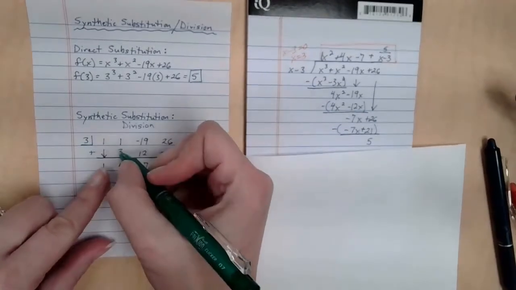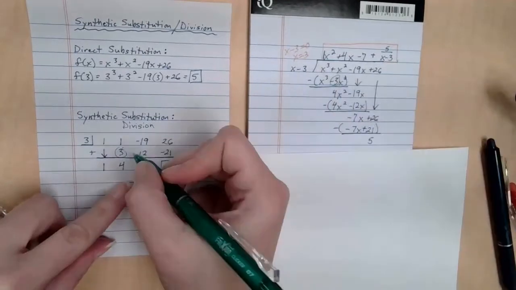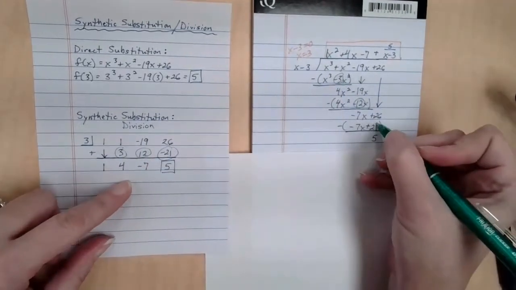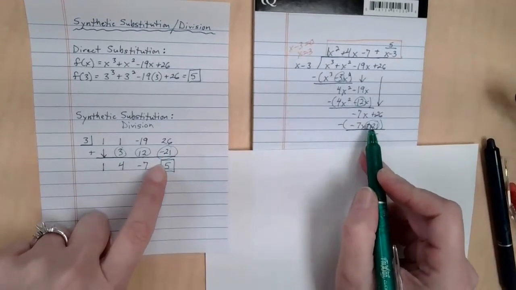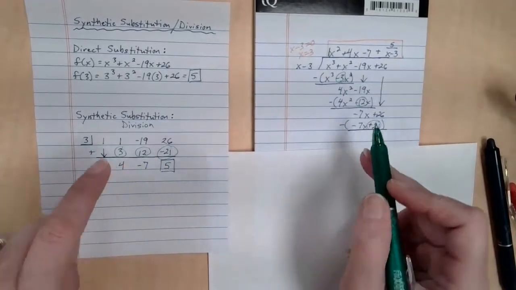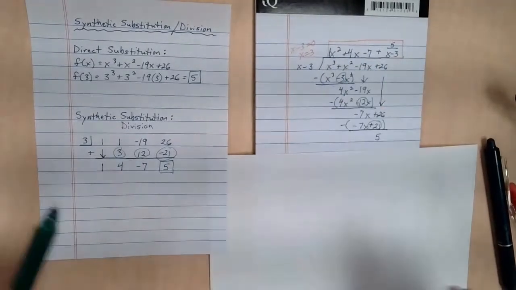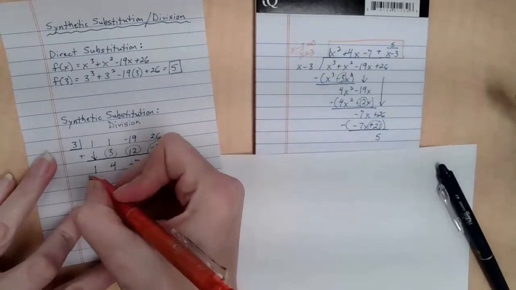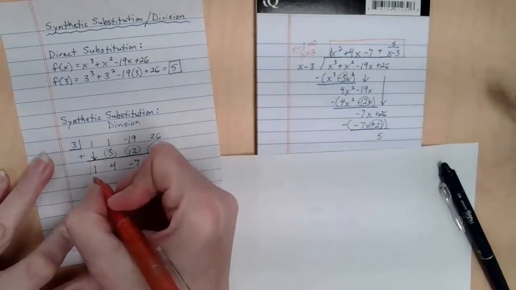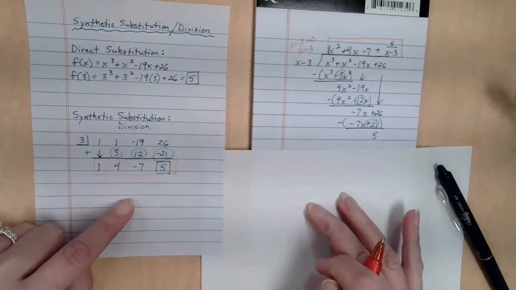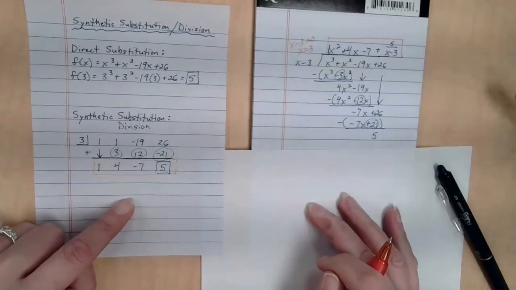Even looking at this, 3, 12, 21. All of the signs are reversed, of course, because we are subtracting here, but every piece of this lines up. So this guy right here, that's this guy right here. This is the same thing. Boom. So synthetic substitution is synthetic division.